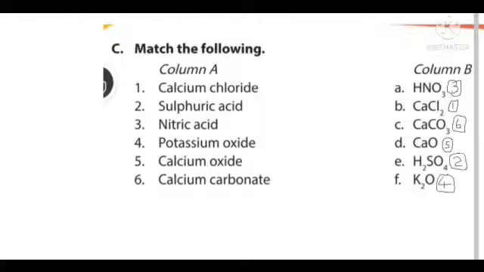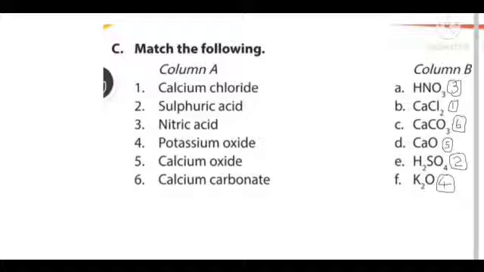Yes. Next we can learn match the following. Next, the first question is calcium chloride. So what's the answer? Match it from column B, calcium Ca, chlorine Cl2. So calcium chloride CaCl2. Then sulfuric acid H2SO4.